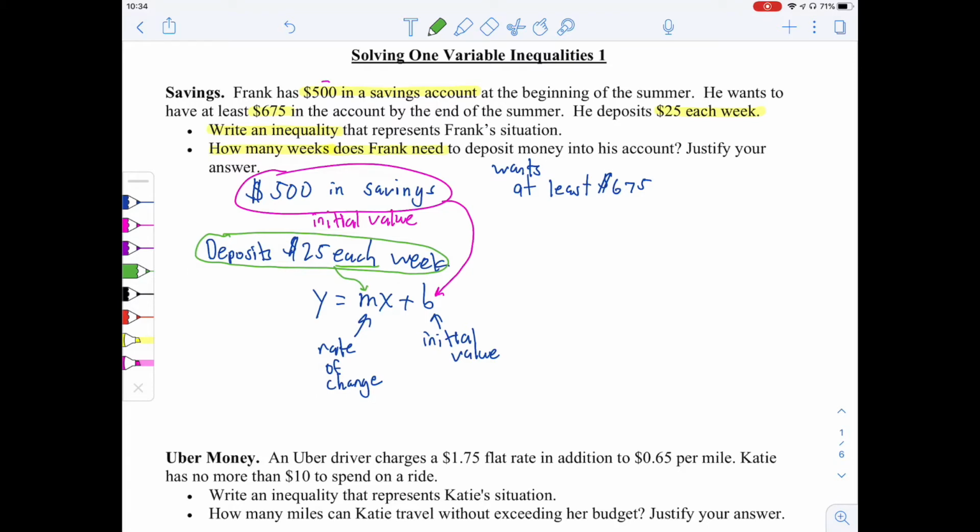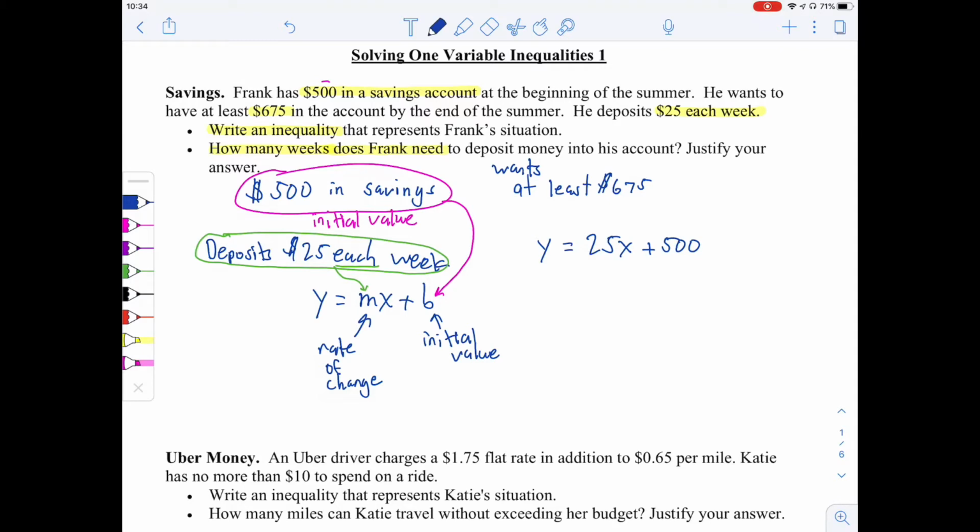Those are the two things we need to make an equation. So y is equal to 25x plus 500. He starts out at $500 and then adds $25 per week.